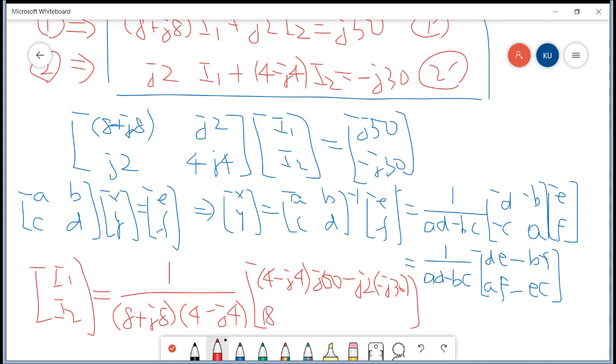A is 8 plus J8, F is minus J30, and then minus C is J2, E is J50. Let me see if it is correct.